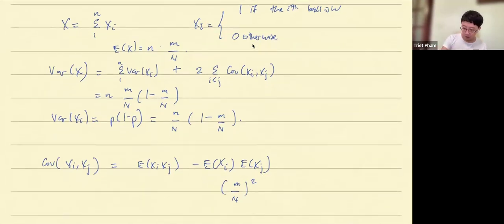Now, if you have looked at logic or whatever before, you see that if you have indicator functions and you multiply them, you will get an indicator function of the joint, the AND. So it will be 1 if i and j are white and 0 otherwise.